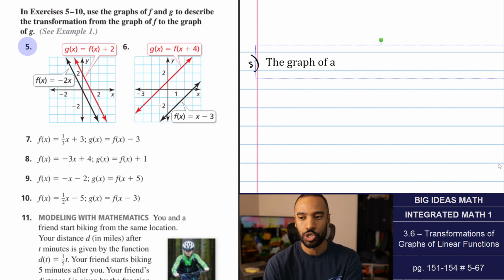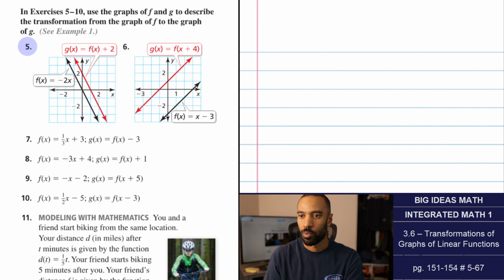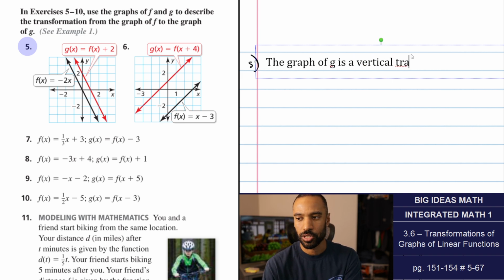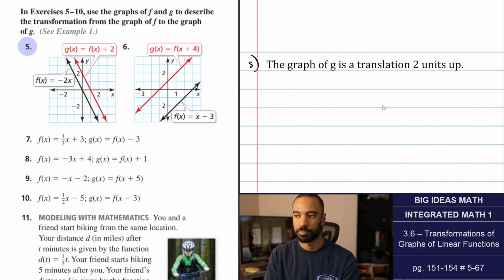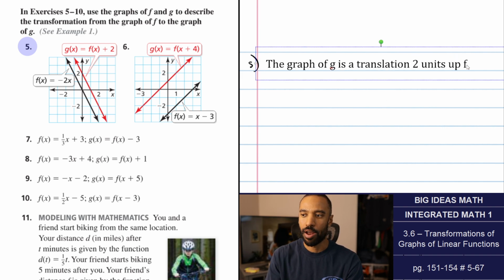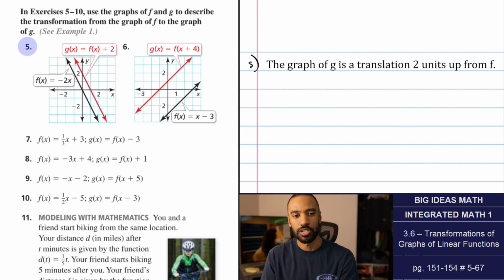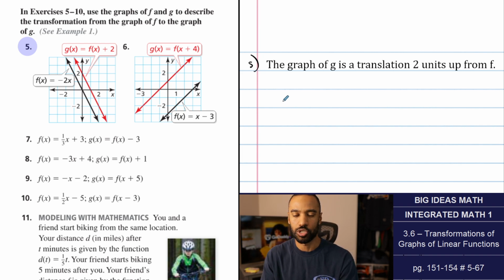So the graph of g is a translation 2 units up. If I say the word up, then we know that means vertical in that case. From f. So g of x, I can just call g, f of x, because they're both functions of x. The graph of g is a translation 2 units up from f.